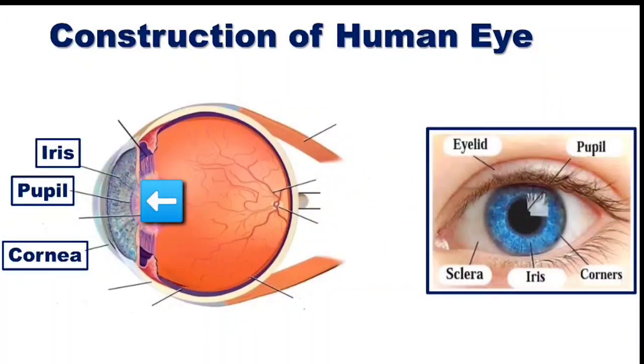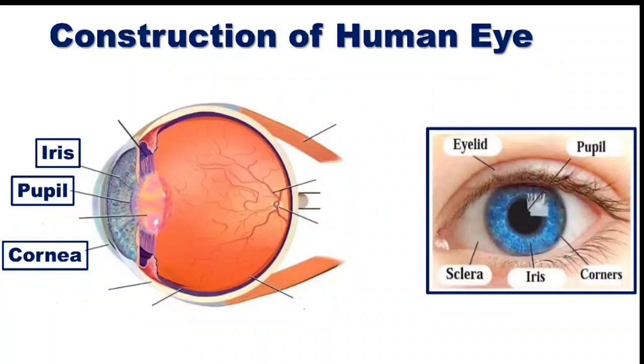There is a small hole of changing diameter at the center of the iris, which is called the pupil. Pupil is a very important part of our eye. Why? Because the pupil controls the amount of light entering the eye. If the light falling on the eye is too bright, the pupil contracts, while if the light is dim, it widens.